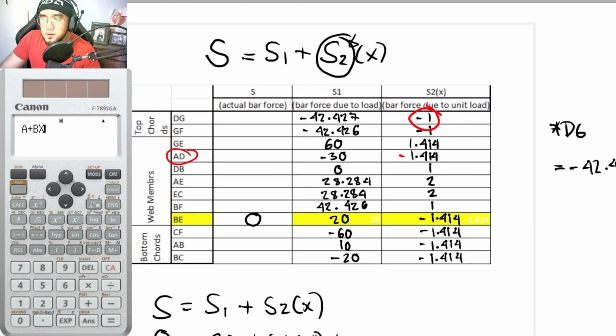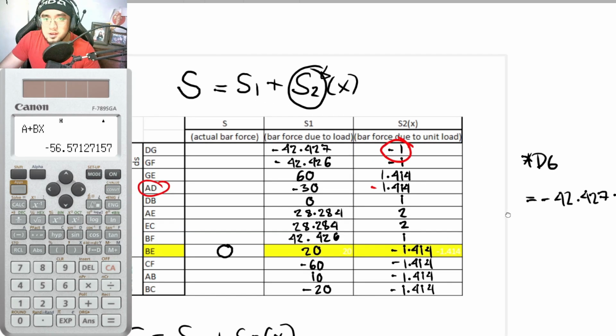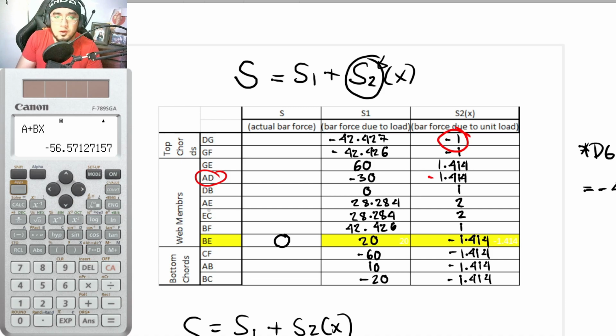So I will be pressing calc here. Upon pressing calc, the calculator would ask me what is now the value of a. The value of a is negative 42.427, and the value of b is negative 1. The value of x remains the same, which is 14.144, so equal sign. So my bar force here is now equal to negative 56.571 kilonewtons.